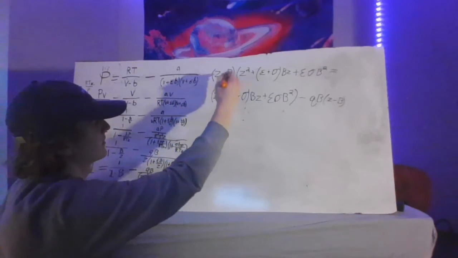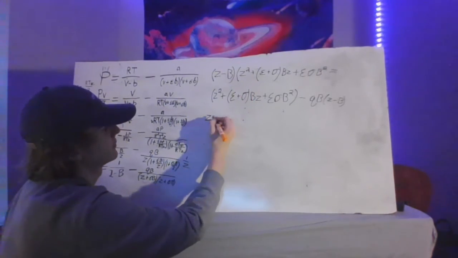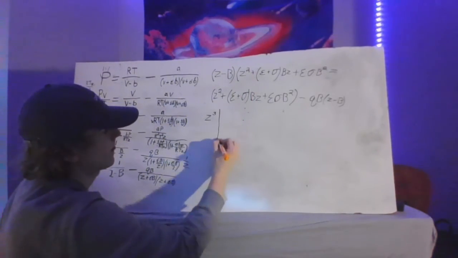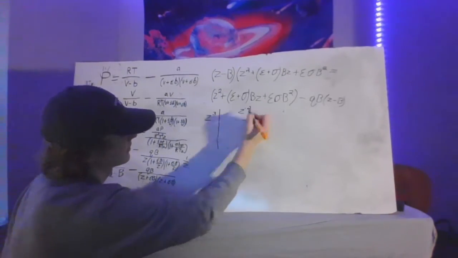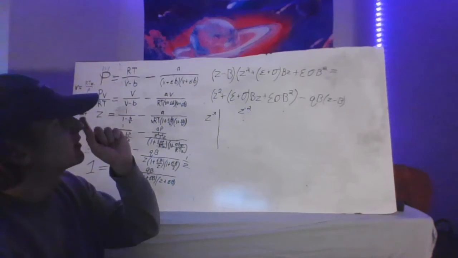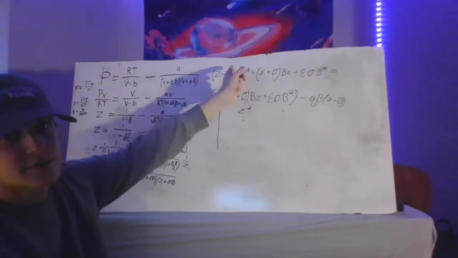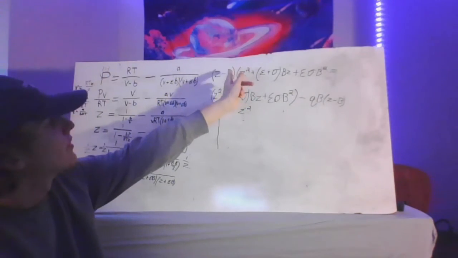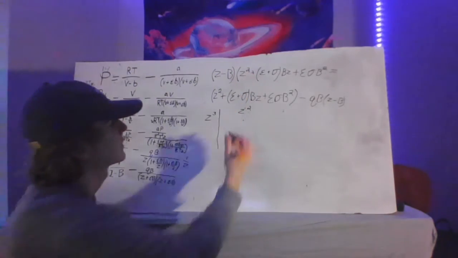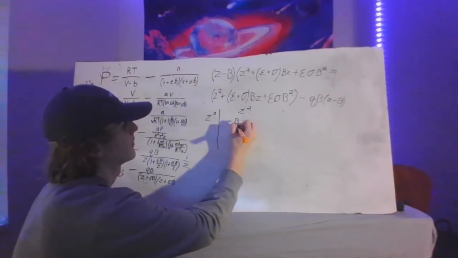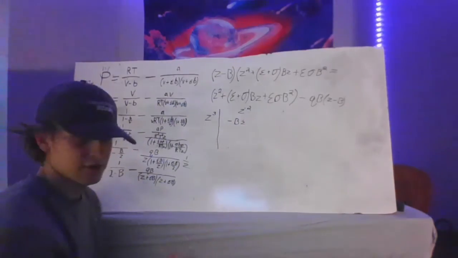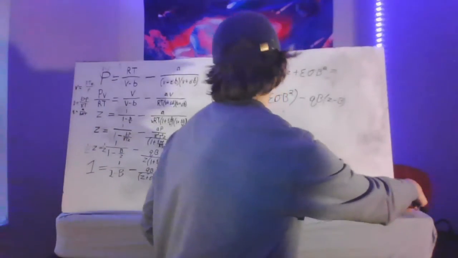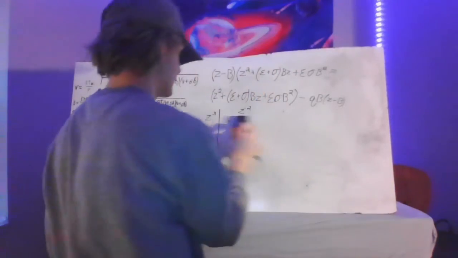So first we have Z to the third, and then our Z squared values. Our first one will just be negative beta Z squared, so I don't even need to write the Z squared here.